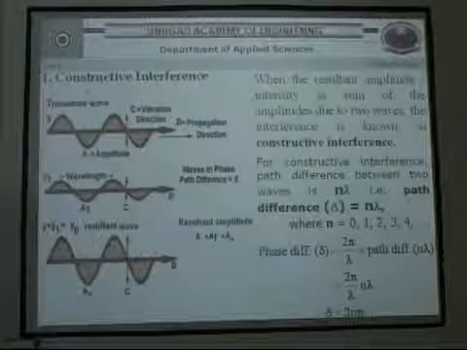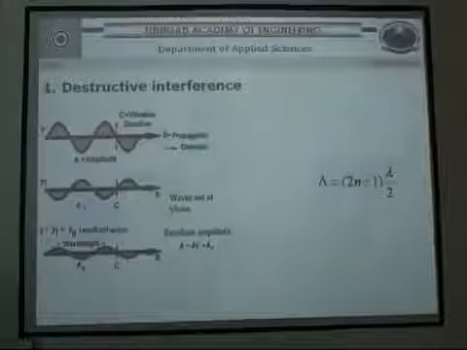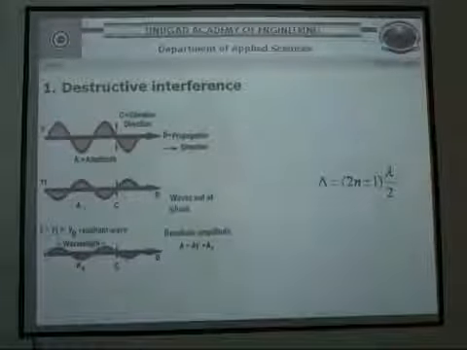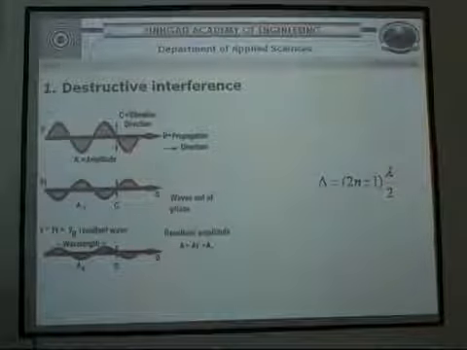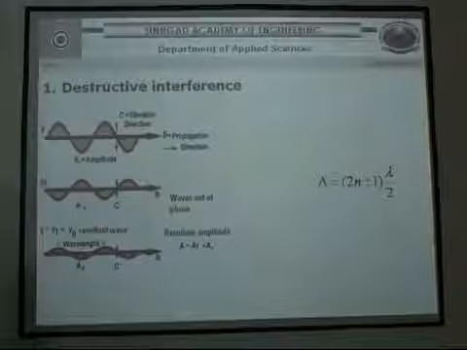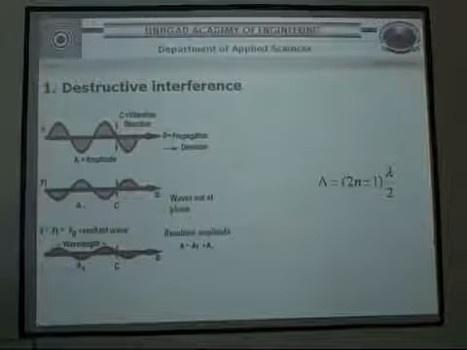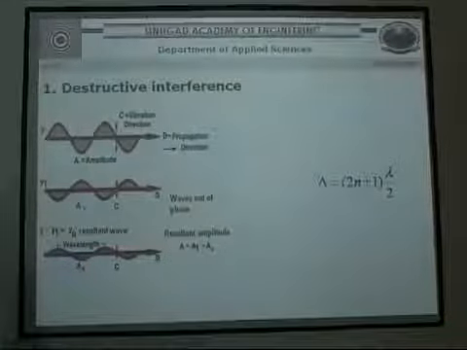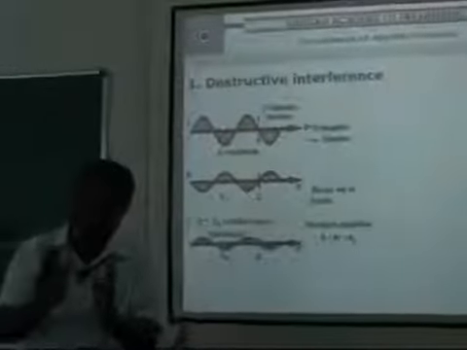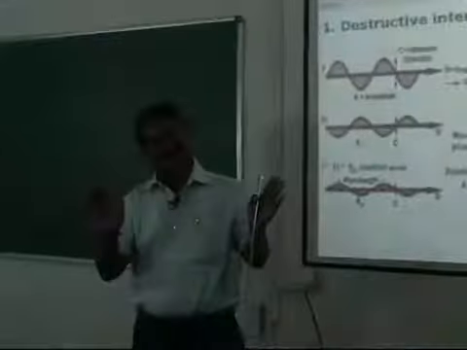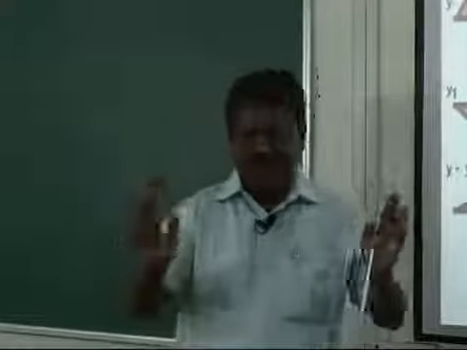So delta is equal to 2n pi. Again, destructive interference. In this interference, the path difference is (2n plus or minus 1) lambda by 2. So for the constructive interference, n lambda, and for the destructive interference, path difference is equal to (2n plus or minus 1) lambda by 2.